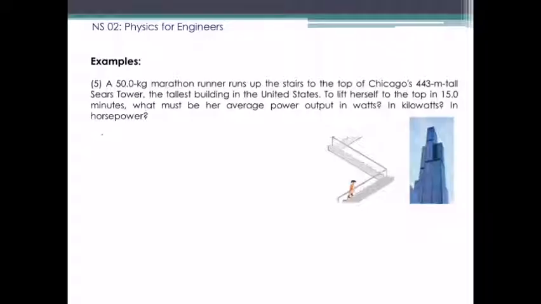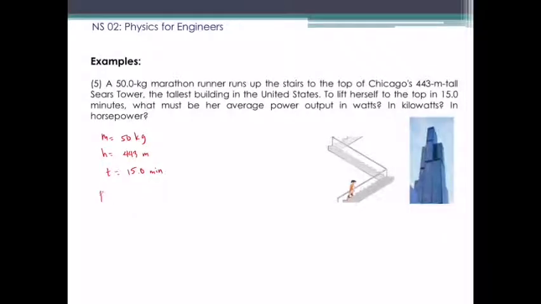So, we are given the mass of the marathon runner, 50 kilograms. And then you have the height of the building, 443 meters. And the time is 15 minutes. So, average power.